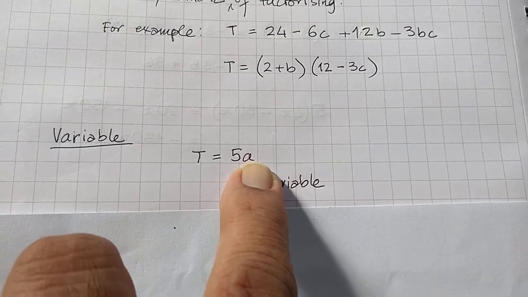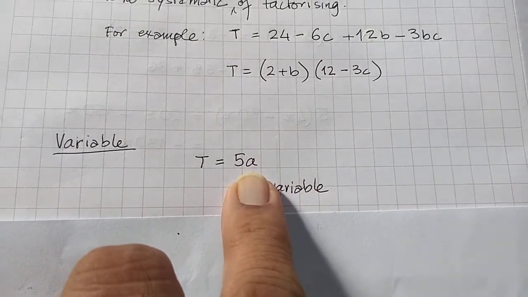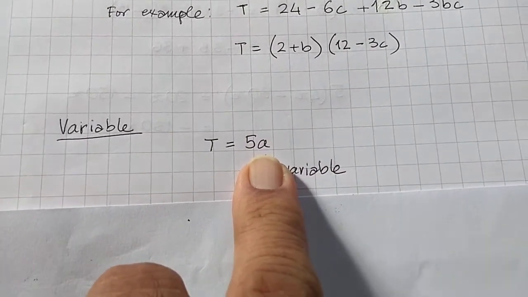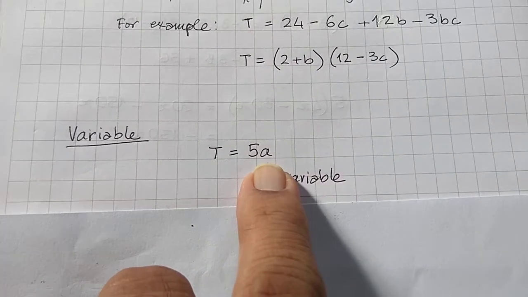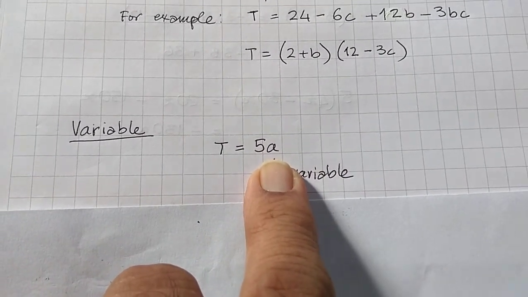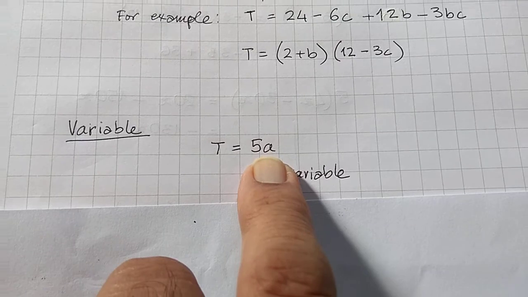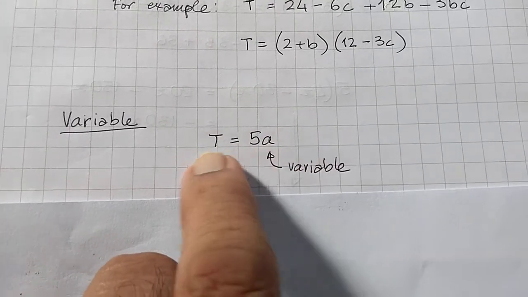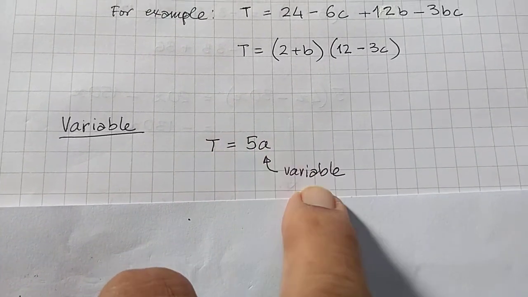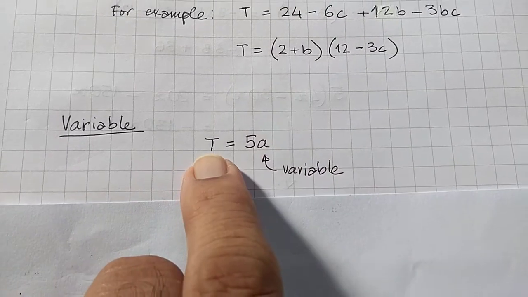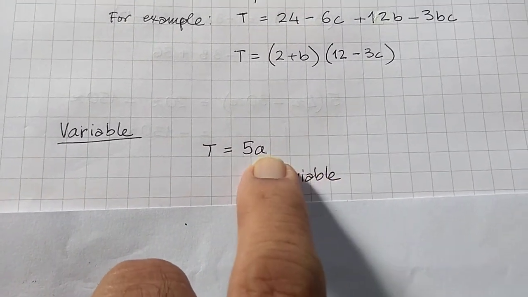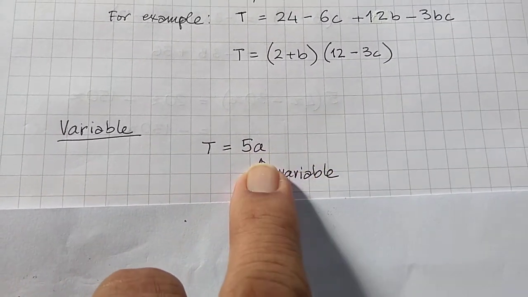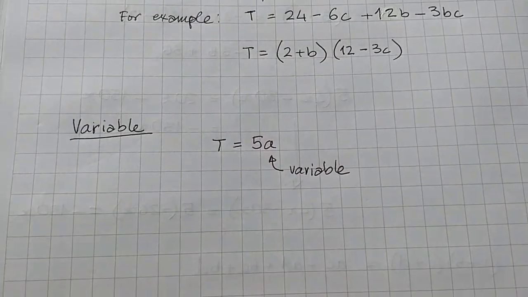If this changes, this is called variable. So sometimes they will call it unknown, sometimes they will call it variable, and sometimes they will call it expression littérale. So here, if you do 5a, T depends on the value of a. Whatever is the value of a, T is 5 times that. So that's why it's called a variable. In French, variable, in English, variable.